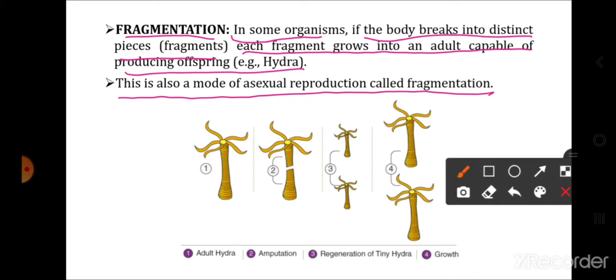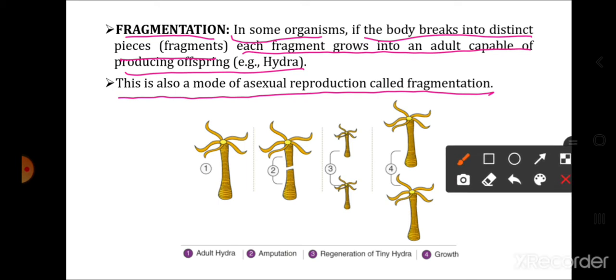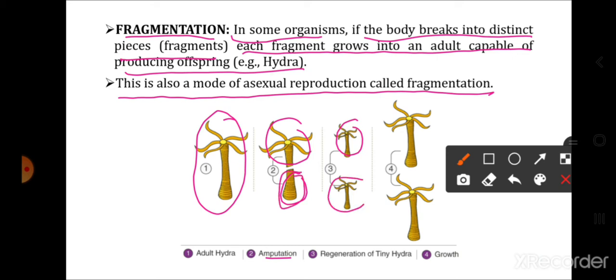See students, here you can see the process of asexual reproduction by fragmentation in Hydra. This is the adult parent Hydra. Now this Hydra is fragmented into two pieces. Amputation means fragmented. Now see students, this fragment is forming a complete new hydra, and even this fragment is forming a complete new hydra. And these tiny hydra are now growing and converting into adult hydra.